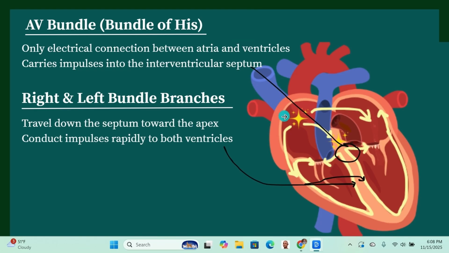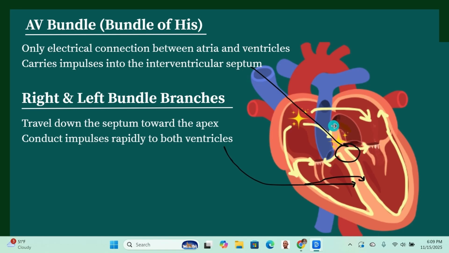Atrioventricular bundle. All right, so something that I did forget to mention is that this tissue between the atriums and the ventricles is called the septum. And that's where the atrioventricular node lives. And it sends a charge to the atrioventricular bundle, which carries impulses to fire in this area.